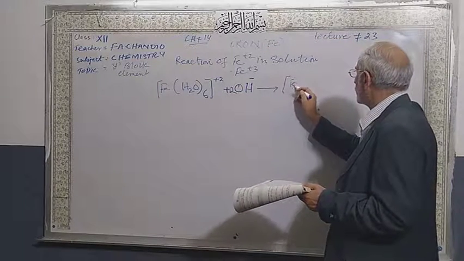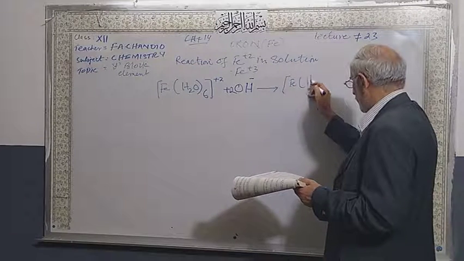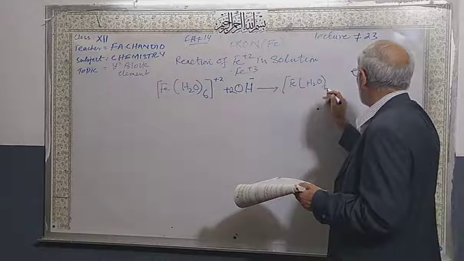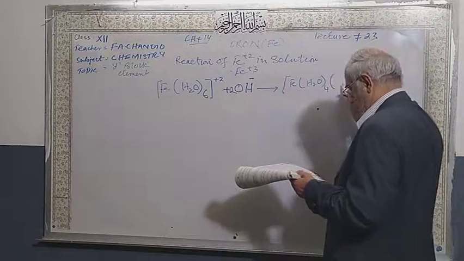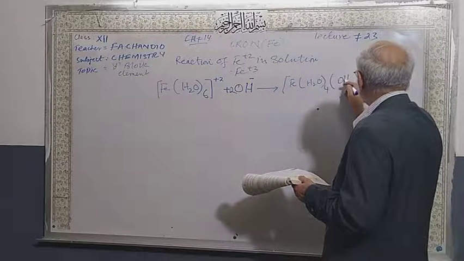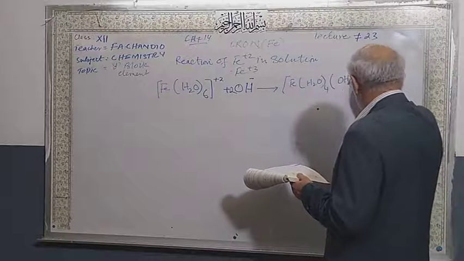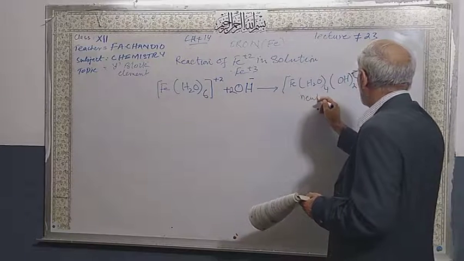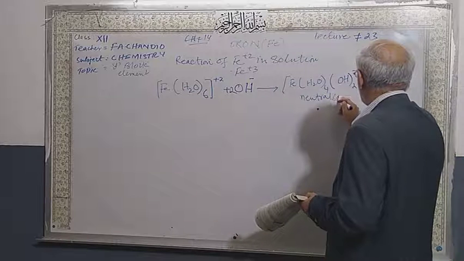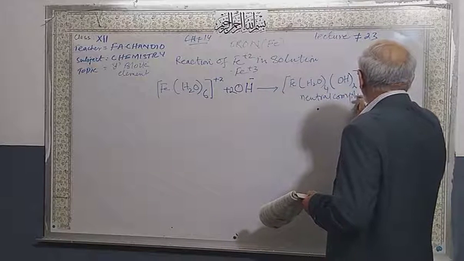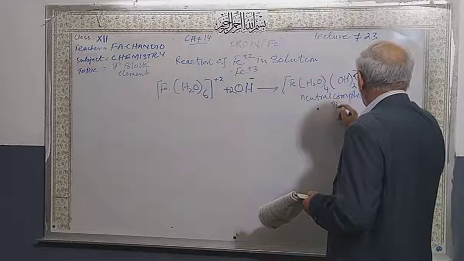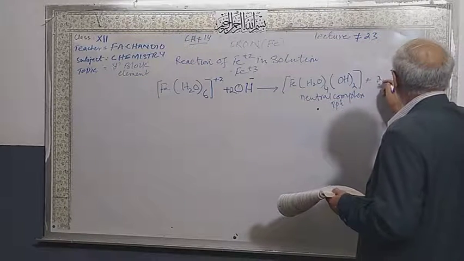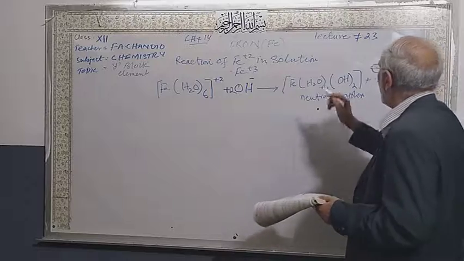Iron, water 6 changes into 4, hydroxide 2, and this neutral complex will give a precipitate and 2 moles of water.